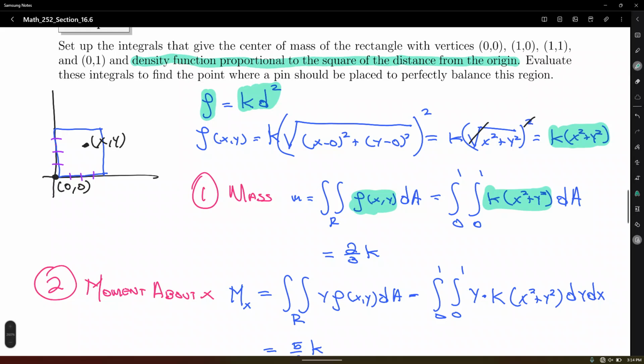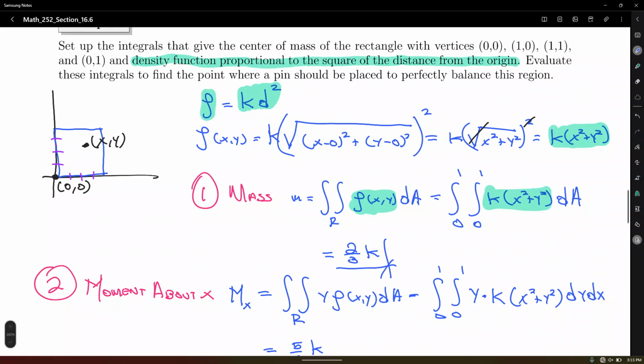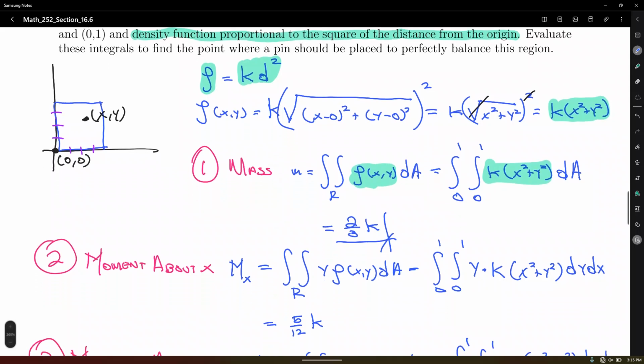So we integrate all this with respect to y, then with respect to x. I'll just give you the result, which in this case is 2/3 k. And you might wonder, what is that k? Well, number one, it's a constant of proportionality, and number two, that k depends on the material this planar lamina is made up of. All right.